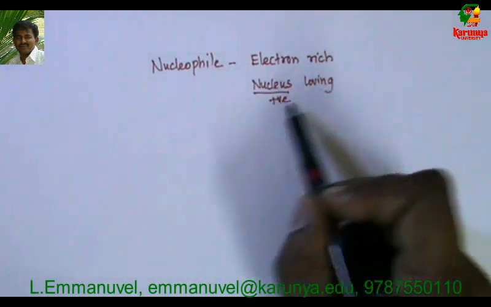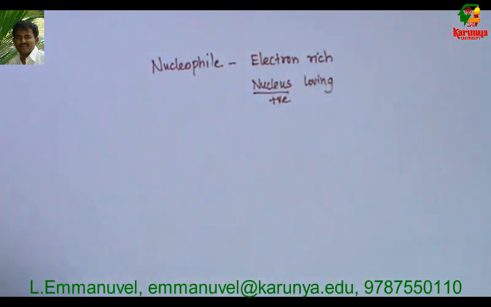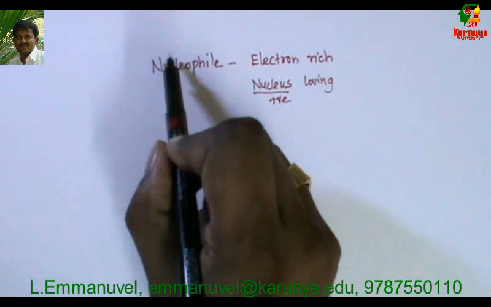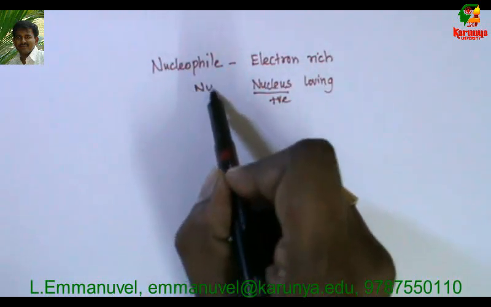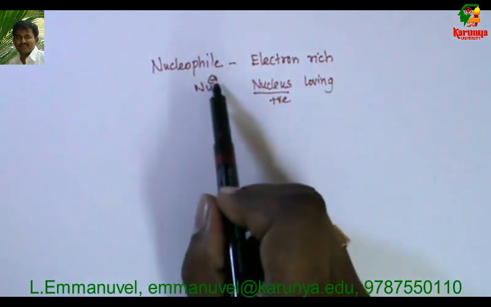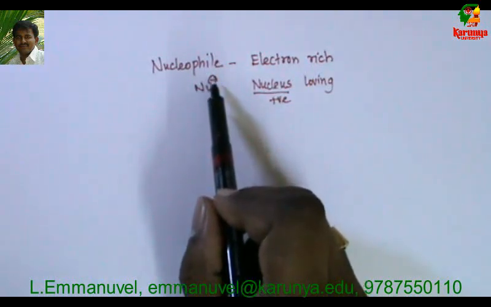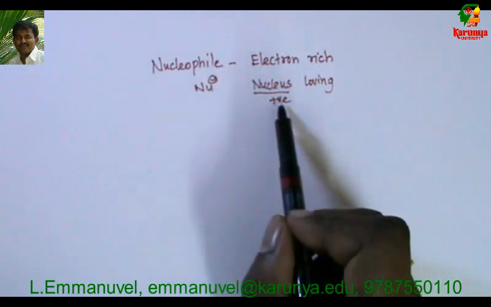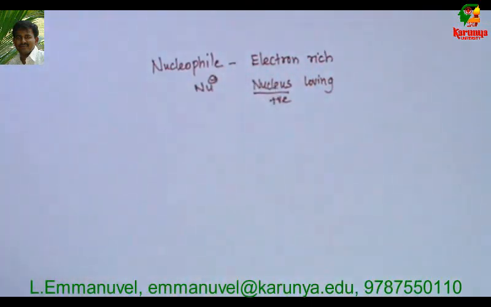So this loves positive charge. It is possible only if this nucleophile has negative charge. That's why generally we write nucleophile like this. There is a minus charge or more electron density. So this prefers the positive charge which is present in the nucleus.